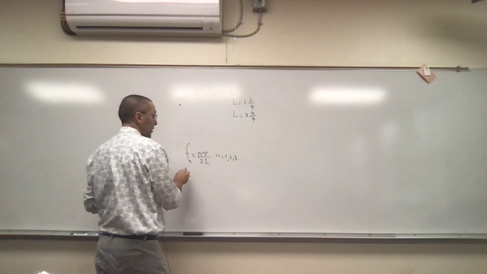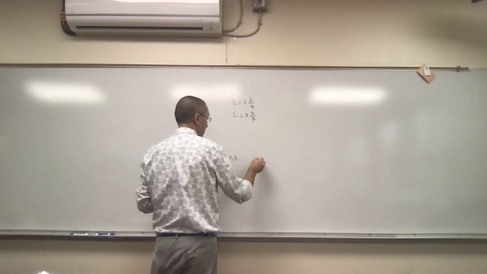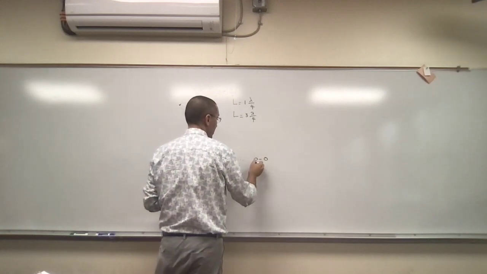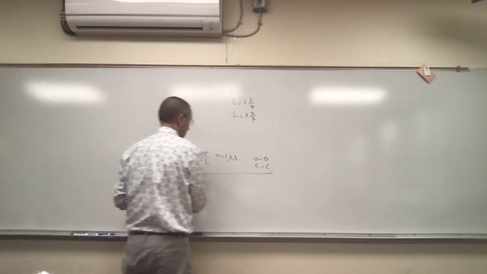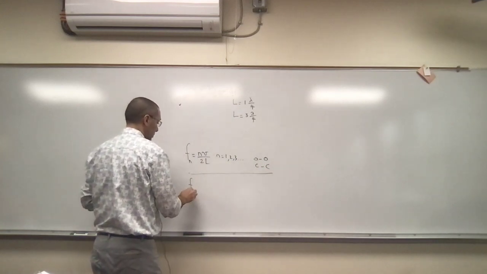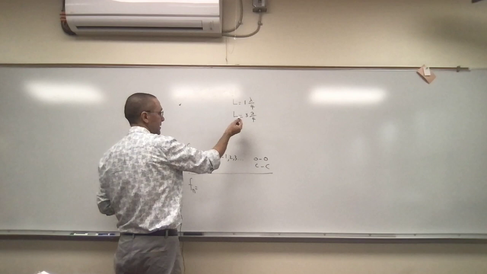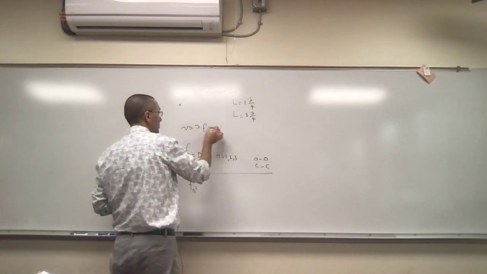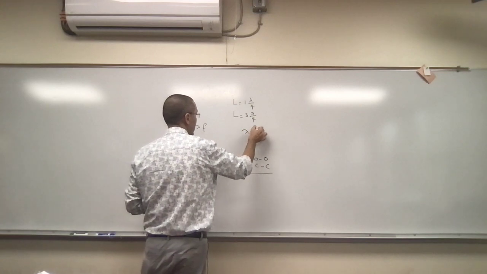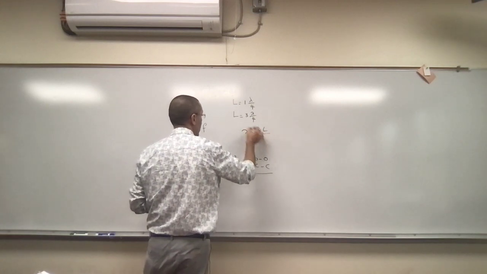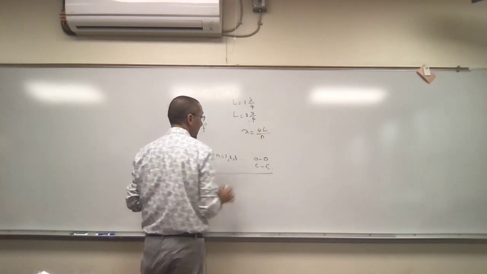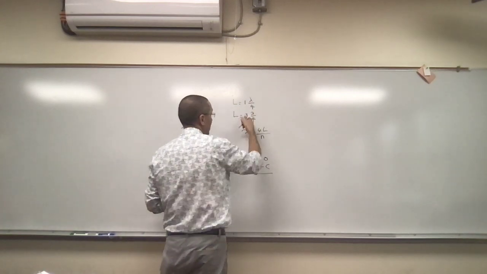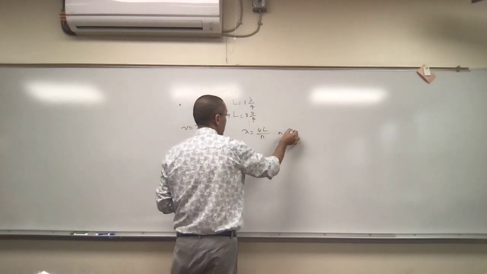So now this formula, so this is open-open, or closed-closed. The next one I'm gonna do, if you follow the same process I did earlier, you do V equals lambda times frequency. Lambda here is what? 4L over, if you continue this pattern, over N. But here's the thing. You can see that N skips. N is odd.